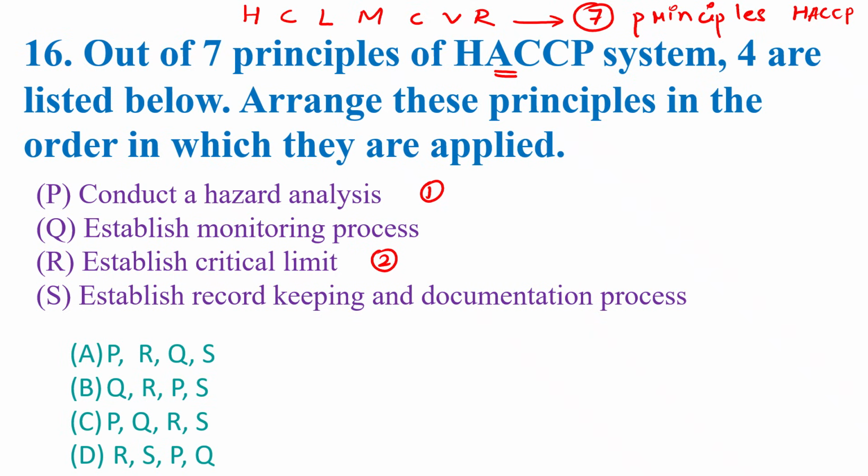Then we will establish the monitoring procedures. So we'll decide how to observe and record that the critical limits are being met. And at last we'll establish the record keeping and documentation procedure. So over here my correct option will be option number A.